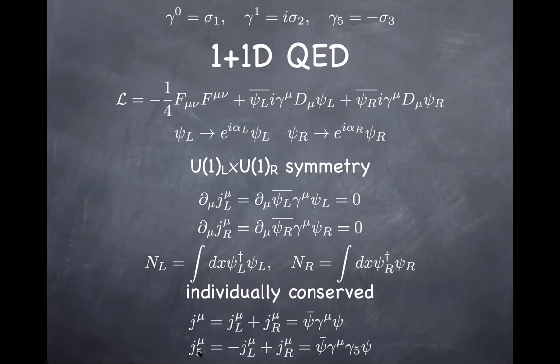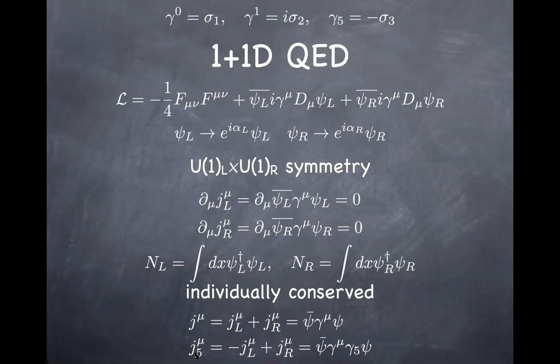The axial current is often denoted as J mu 5 because there's a gamma 5 in it. And it turns out that this axial current is not conserved in the quantum theory. So we believe that there should be two independent conserved currents. I just took the linear combination of them. So classical theory says that J mu and J mu 5 must both be conserved, but it turns out that J mu 5 isn't, and that's the issue of anomaly.